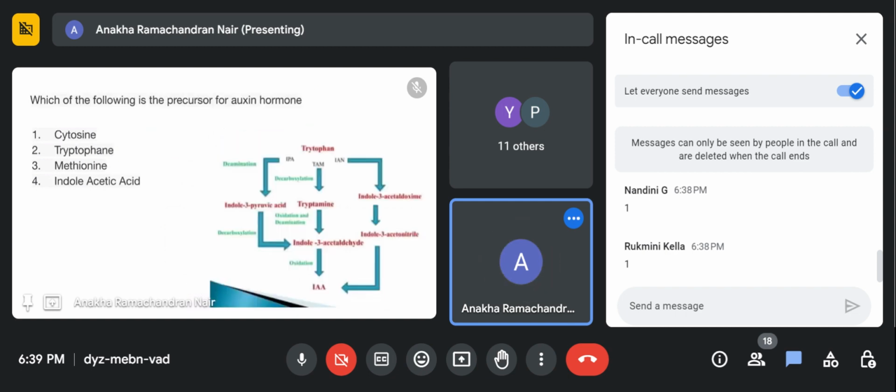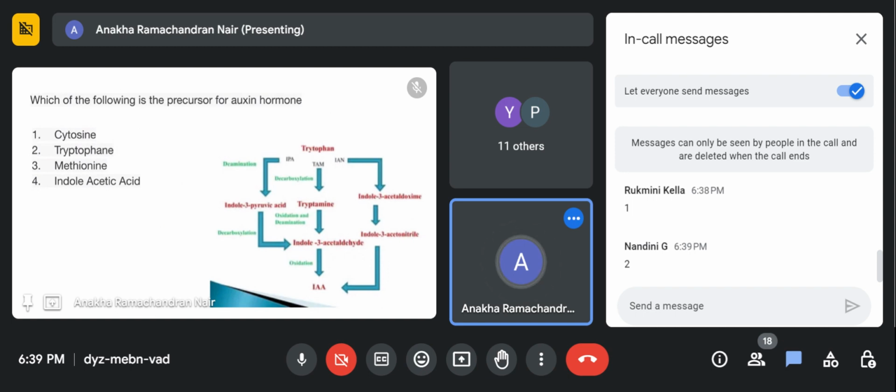The question is, which of the following is the precursor for auxin hormone? Cytosine, tryptophan, methionine, and indole acid. So, what do you think the correct answer is? Option 2.